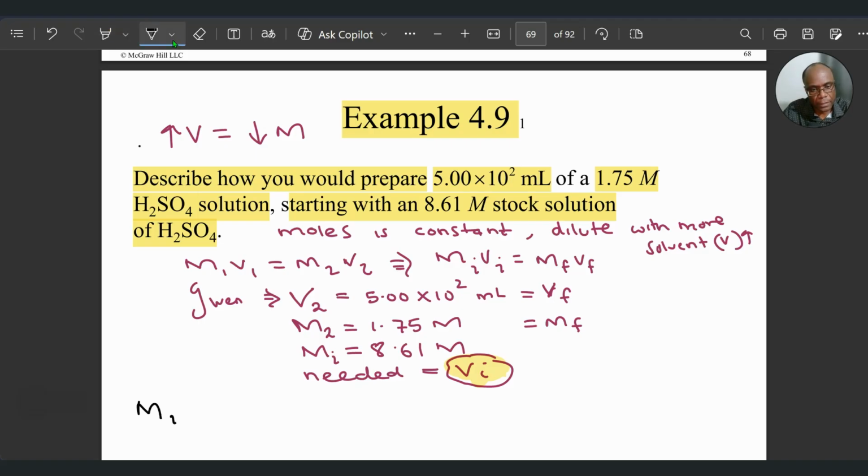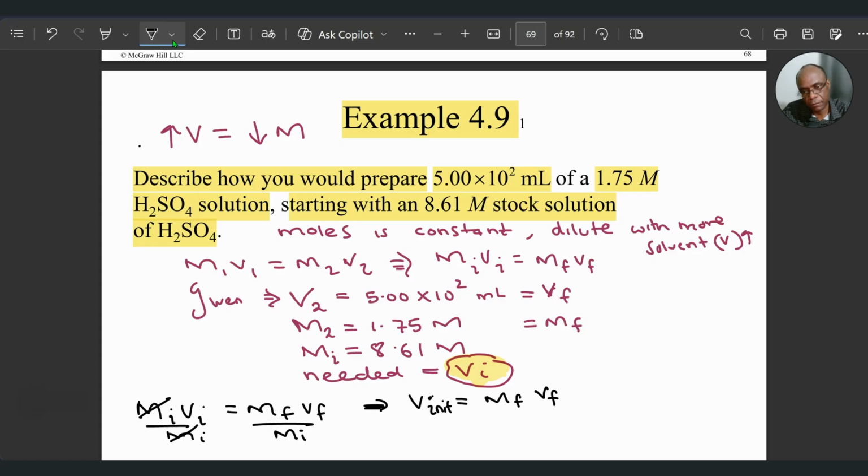Okay, I know that MiVi equals MfVf. And since I need Vi, I'll divide both sides by Mi, the initial concentration, and that will help me cancel out the Mi. So my Vi is going to be equal to final concentration times final volume divided by initial concentration.